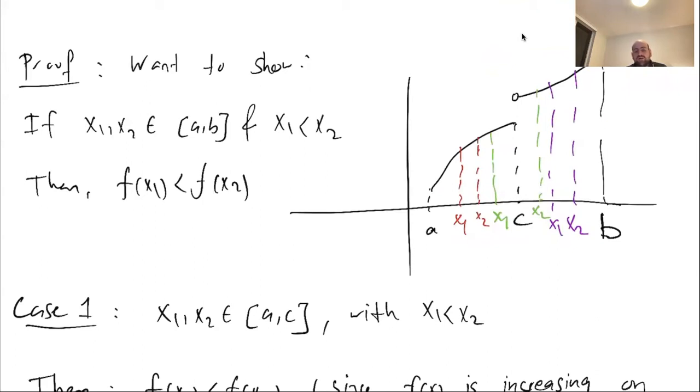But I can compare x1 with C, right? Because I know that the function is increasing on A and C, right? So I can compare f of x1 with f of C. What can I say about f of x1 and f of C? Well, x1 is less than C. So f of x1 is less than f of C, right?